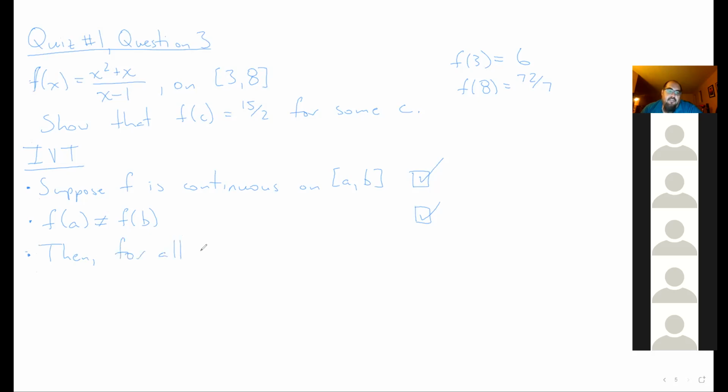Then for all n, and n is just some number between f of a and f of b. So in this case, our n is 15 halves. For all n between those two numbers, there is a c on this interval, and it's not exactly the same.